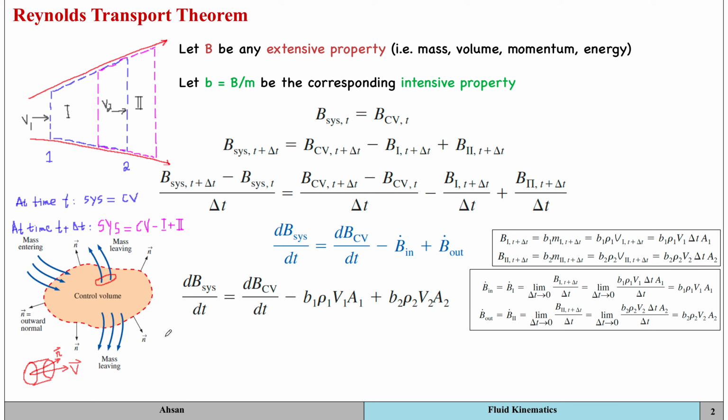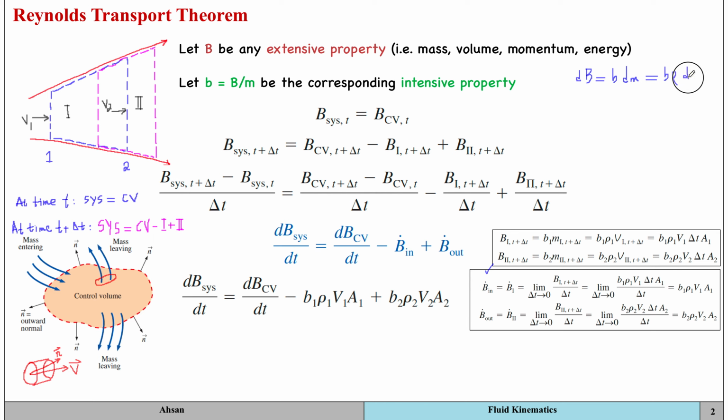And now the property B for this, like I did over here, I could do the same for this one: the differential extensive property I could write in terms of the intensive property, which is not dependent on the mass, multiplied by the mass, which would be dm. And then I could simplify it further by writing mass in terms of density and volume.